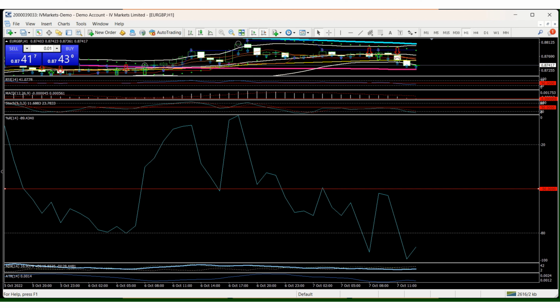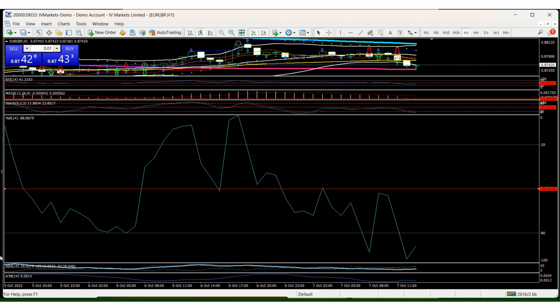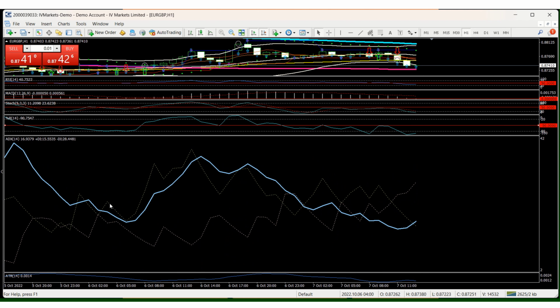Now you'll see the average directional movement index, and based on ADX also I will see what the condition is. So the ADX says 16.9379, which is again weak movement. It's a weak movement, and I will count the number of downtrends. I can see almost 6 downtrends in H1, which means it's a weak downtrend.